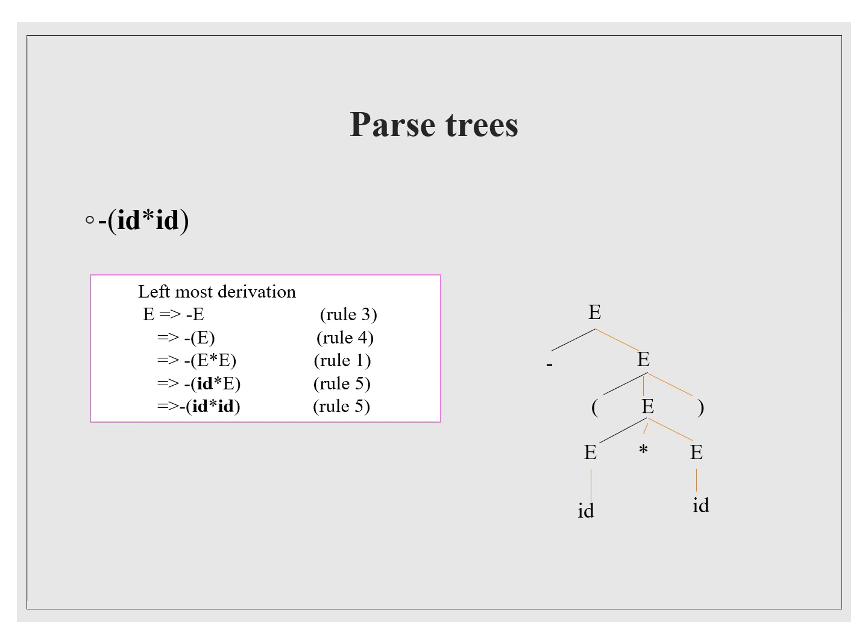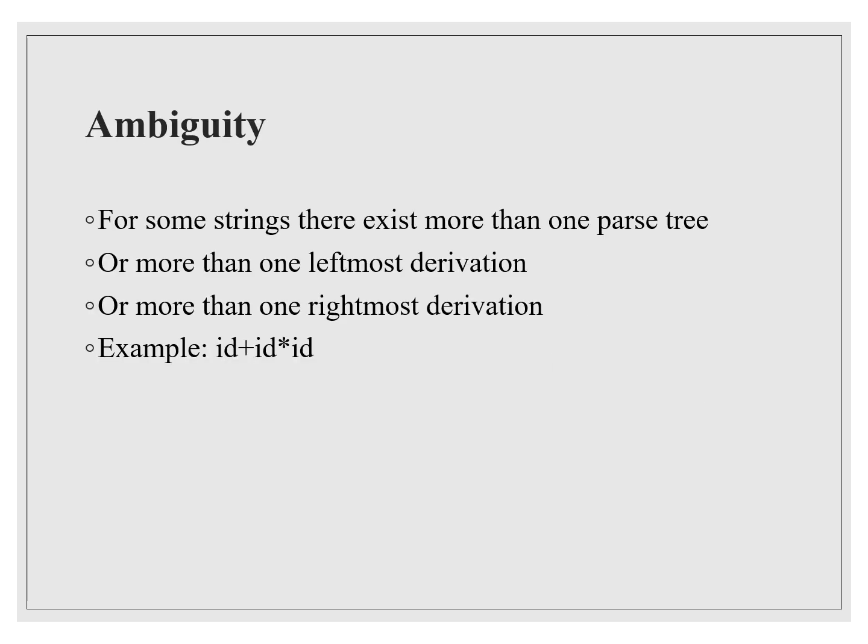But is it possible to generate a unique parse tree from the given grammar? If not, that is, if there exists more than one parse tree for a given string, then it is called an ambiguous grammar. What is an ambiguous grammar? Listen carefully.